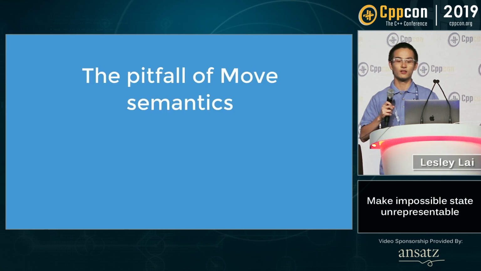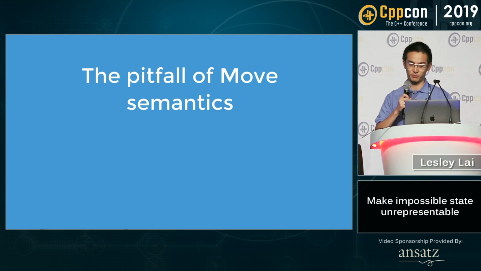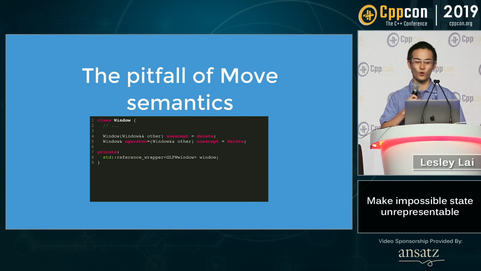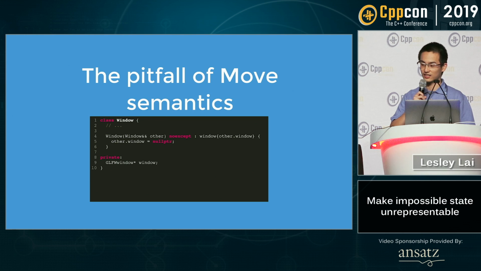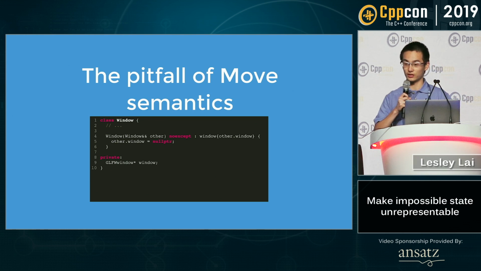Before the end, I want to talk about the pitfall of move semantics. We all love move semantics, at least I love them, but it does open a hole in our type system. In CppCon 03, we could have a perfect RAII class to represent a resource handle. But we could not move them, so in CppCon 11, we introduced move semantics.